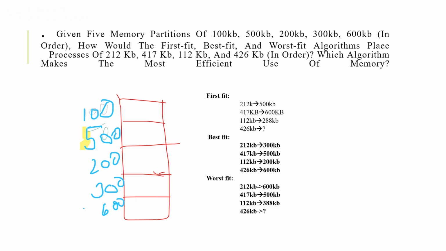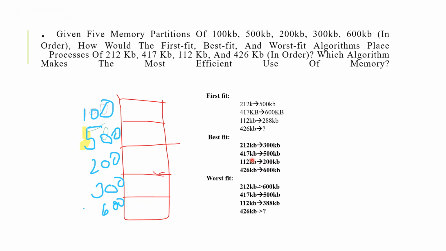Next, 112 KB, which hole will it be placed in? We have already seen that 212 KB will be placed in 300. Next, 417 KB will be placed in 500 KB. What about 112 KB?